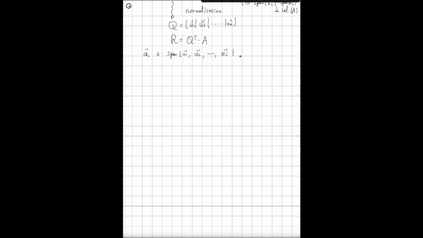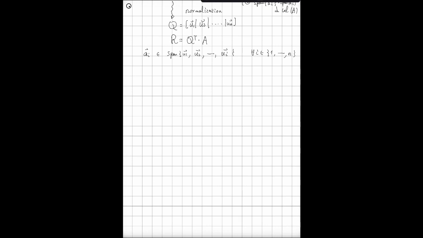The Gram-Schmidt procedure tells you that, for any i from 1 to n. U1 is just normalization of A1. U1, U2 give you the same span as A1, A2, and U2 is orthogonal to U1. So in particular, Ai is always in the span of these Ui.